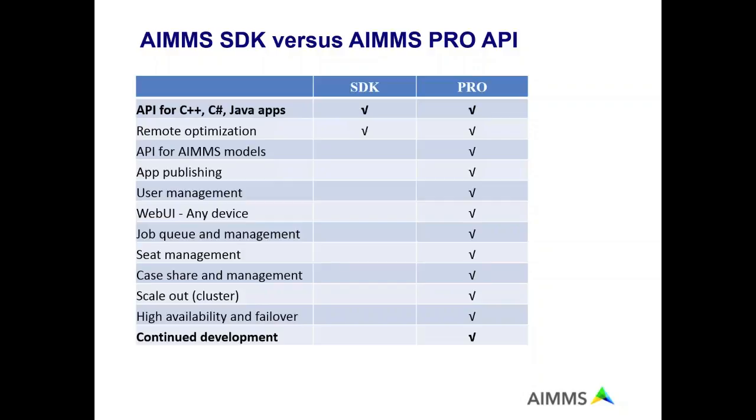But most importantly, I would like to stress that for the AIMMS SDK only bugs are fixed, and no new features are being added to it. With Pro, there's a whole team continuously adding new features, which makes it attractive for future developments as well.